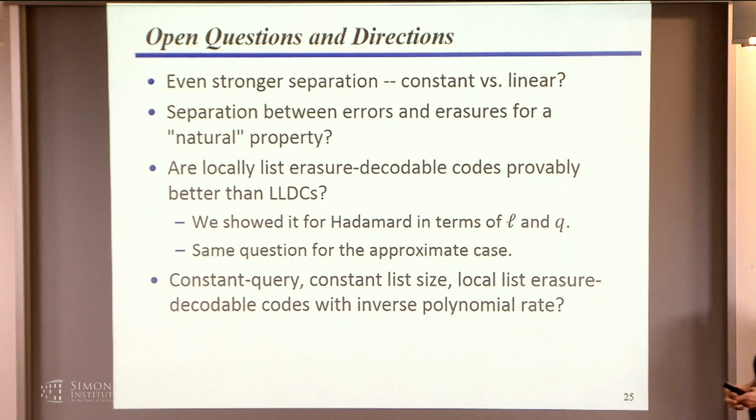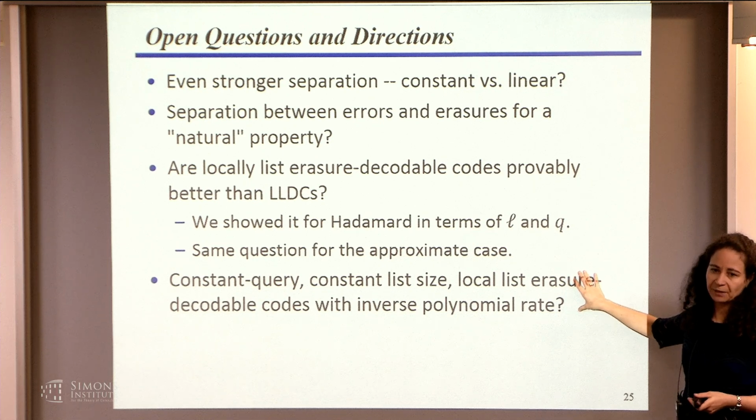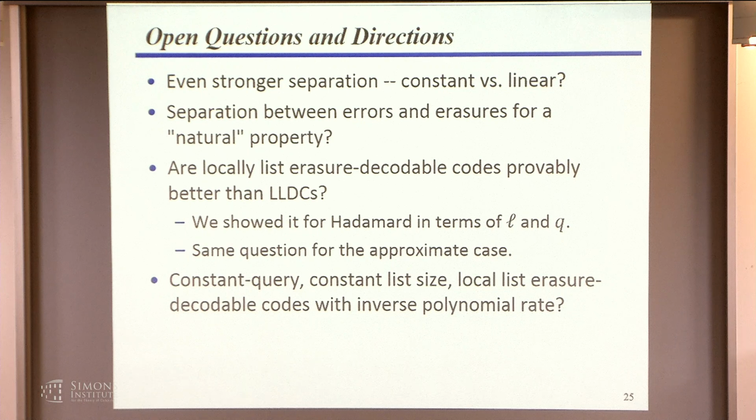And constant query, constant list size, local list erasure decodable codes with inverse polynomial rates. I mentioned this is a big question for errors, but perhaps a way to attack it is to look at erasures. So maybe it's a simpler question. Thank you.